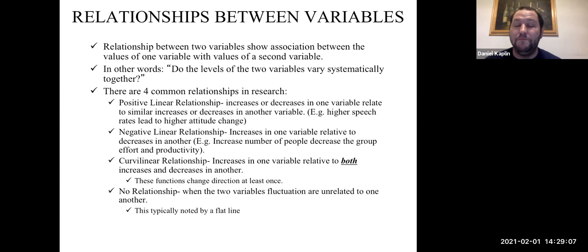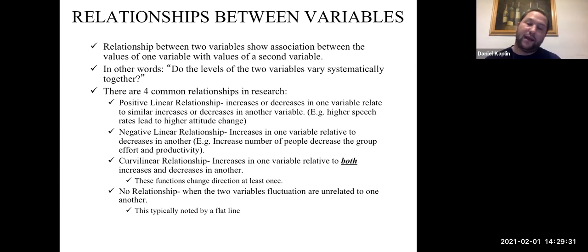Curvilinear function, many things are on a curvilinear function. All naturally occurring phenomena approximate a bell curve. So examples include intelligence, personality, height, weight. All of these are on a bell curve when we put all the scores out. And then no relationship.